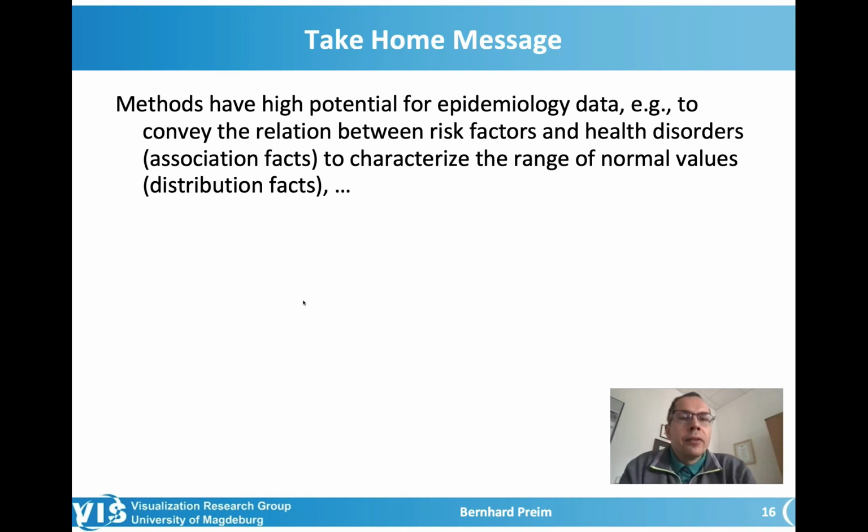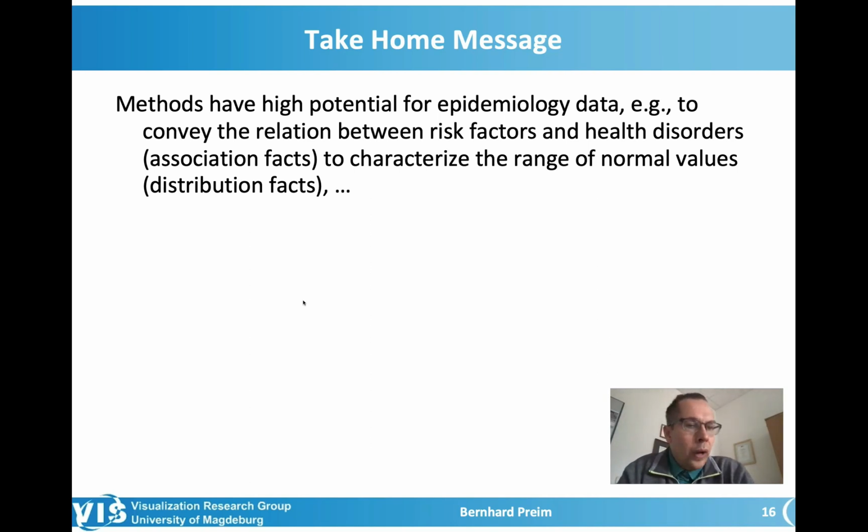So I thought about this again with respect to some medical applications. In particular in epidemiology, large data sets are collected. Data is acquired in a very standardized manner with respect to lifestyle, health disorders, and so on.